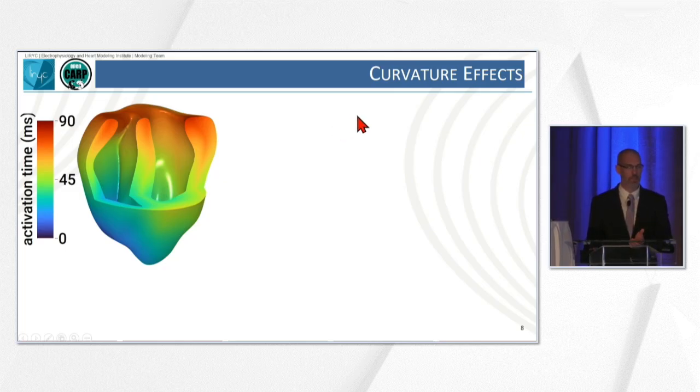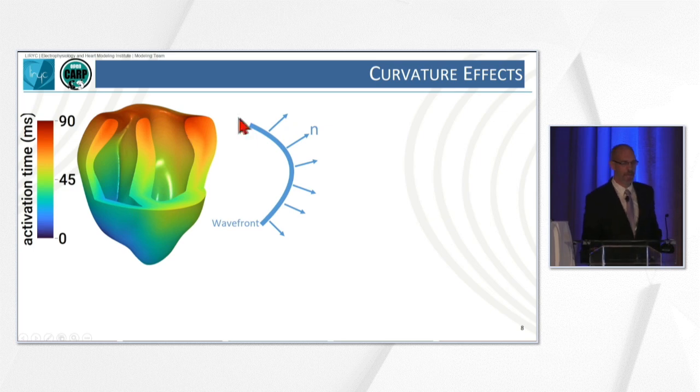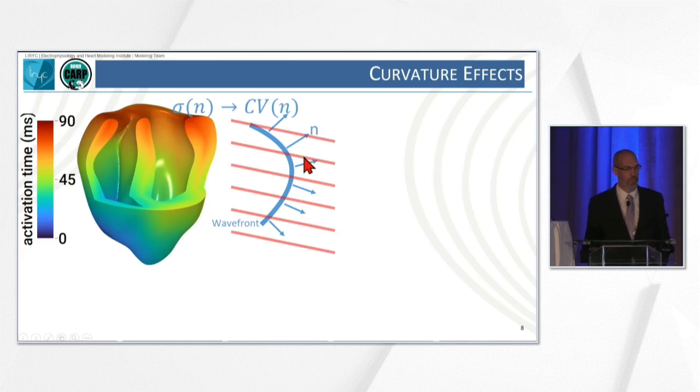So another effect which might actually affect conduction velocity on the surface, which doesn't have anything to do with the intrinsic conduction velocity of the tissue, is curvature. So here is an example of a simple activation time in a 3D ventricle, and the blue line is a wavefront, and at each point on the wavefront, you can figure out the normal direction. And then the red lines are the fibers, so those are the predominant directions of the myocytes at that point.